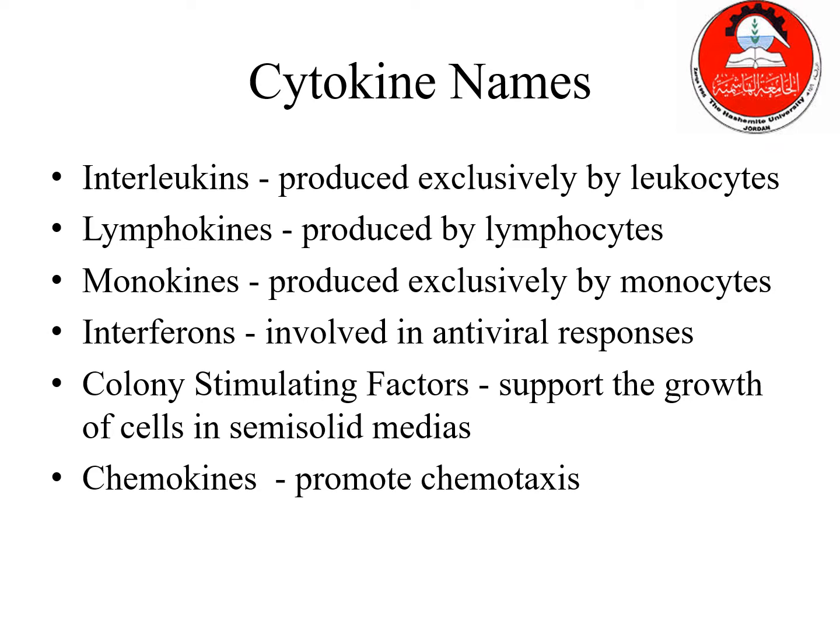Interleukins produced exclusively by leukocytes, lymphokines produced by lymphocytes, monokines, they are produced by monocytes, interferons involved in antiviral response, colony stimulating factor, it supports the growth of cells in the semi-solid media and has to do with the hematopoietic differentiation. Also, we have the chemokines, which promote chemotaxis, and they are responsible for attracting the blood cells to the location of infection.